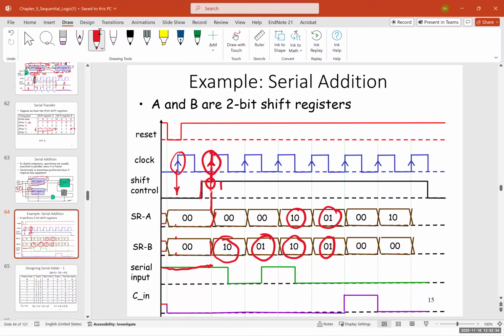And again, all of this relates to the serial input. Here, the serial input is 1, then it becomes 0, then 1 and 0. That's the reason we have the changes in going from 0, 1 to 1, 0 to 1, 0, 1 to 0, 0, and so on. And this gives us the carry, which, if I add these two together, I would have a carry of 1.